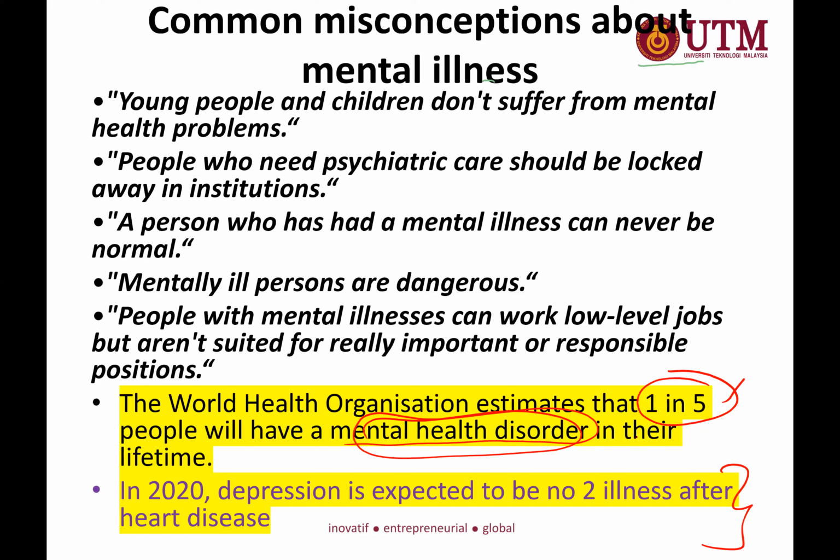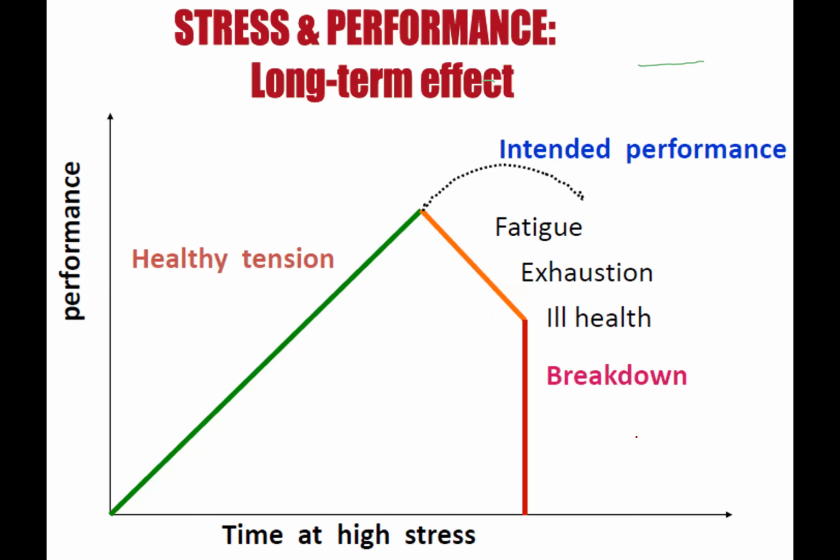Number 1 normally involves heart attack, and then stroke, and then what else? It could be cancer, it could be diabetes, or whatever. But depression was not in the list. But now it suddenly gets into the list. So a lot of people nowadays are very stressful. Okay, that is the issue.